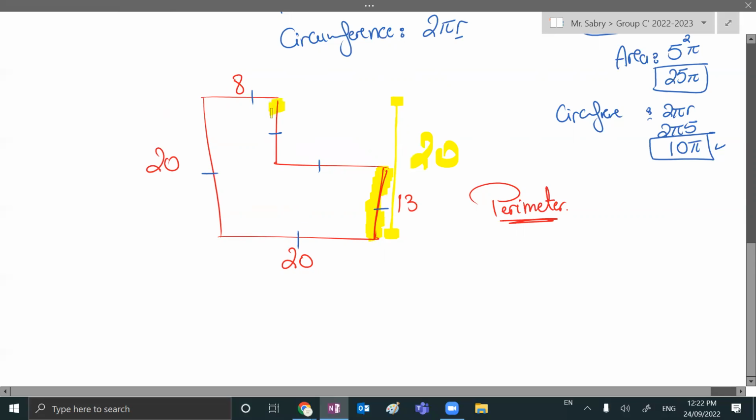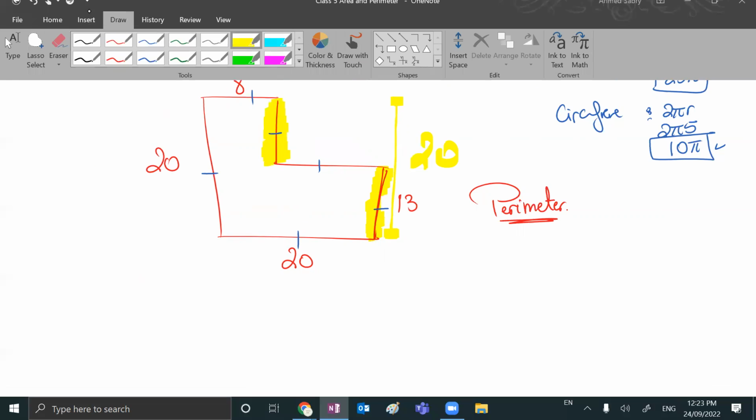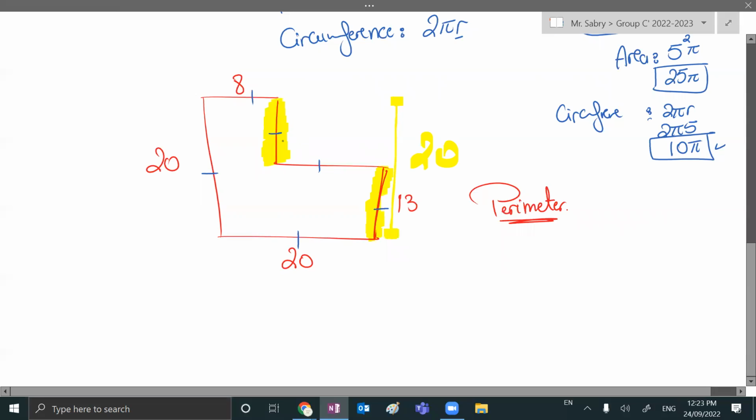So can you get this part here? Because it's the rest of the length. 7? Exactly, 7. So in order to get this length, you just need to take the whole big length, 20, and remove from it the 13, which is this part here, and that would be 7. So this side is 7.